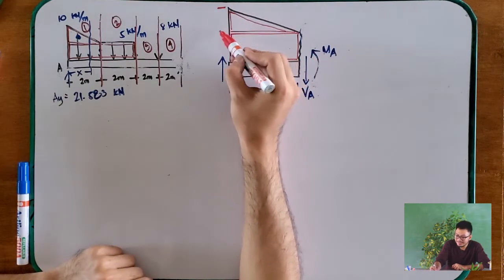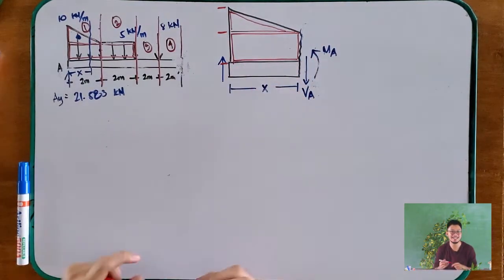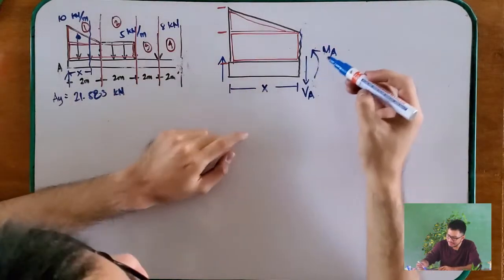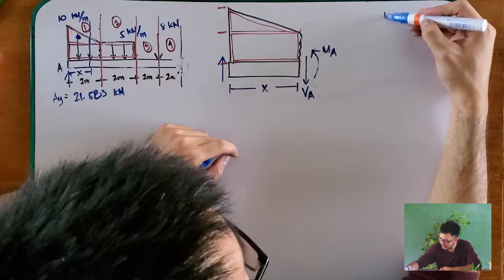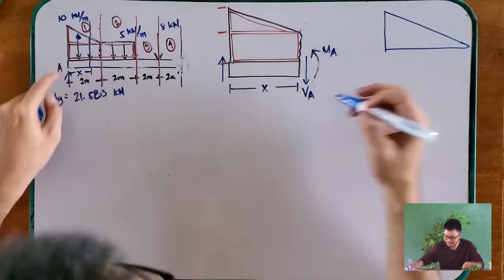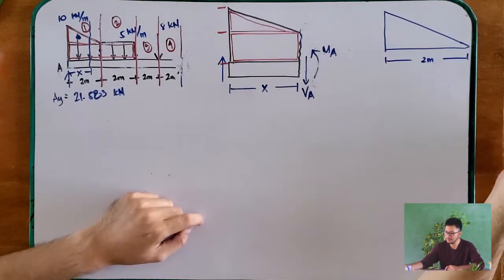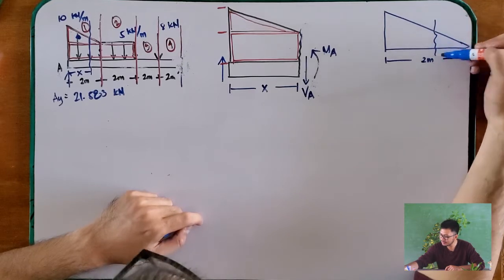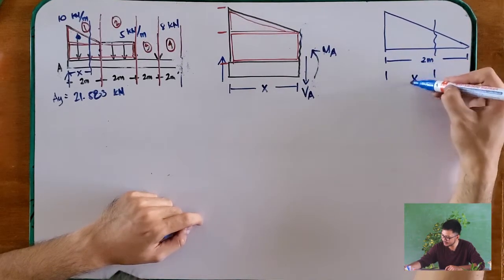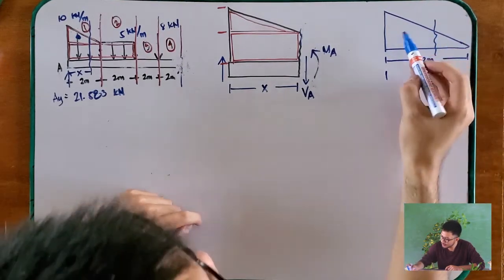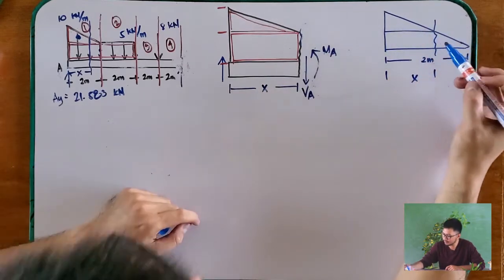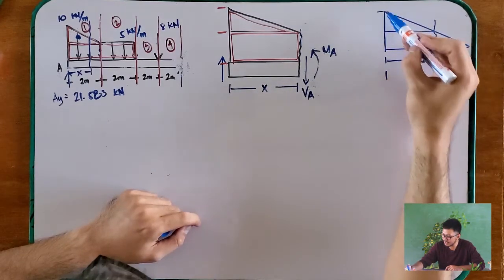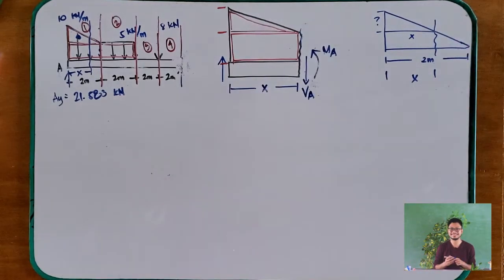And the height right here is the challenge. How do we find this height? For the earlier triangle, that is your 2 meters. But we cut there, and now it is x, so what is the height?